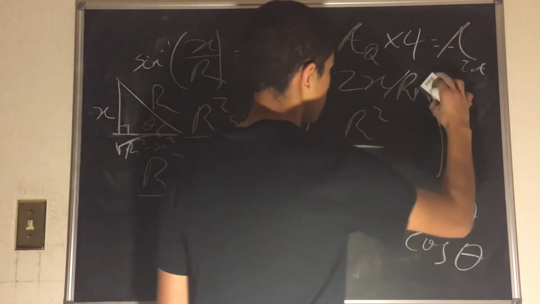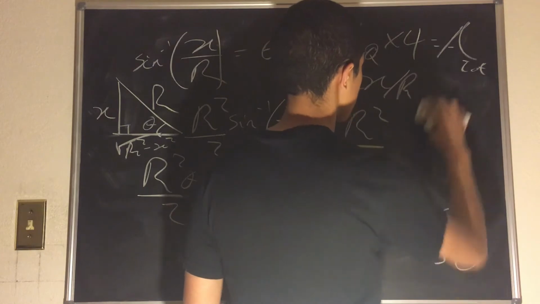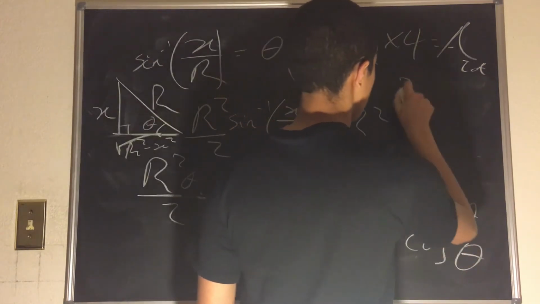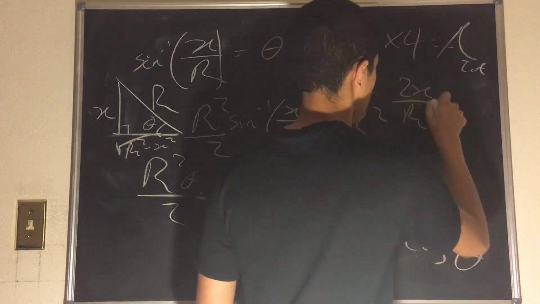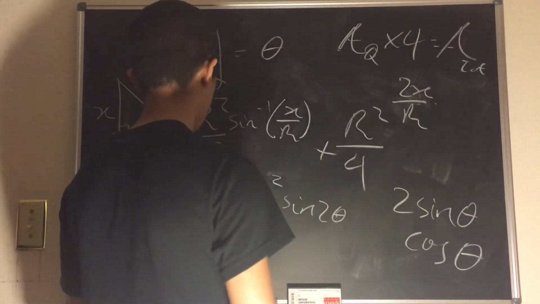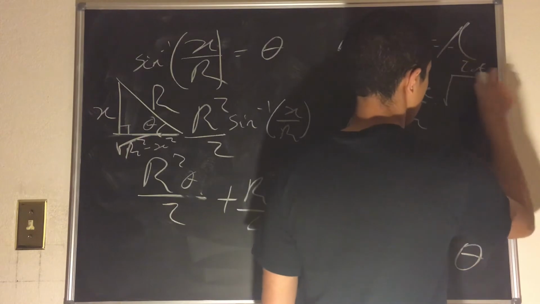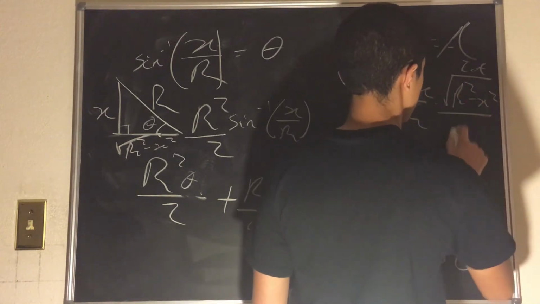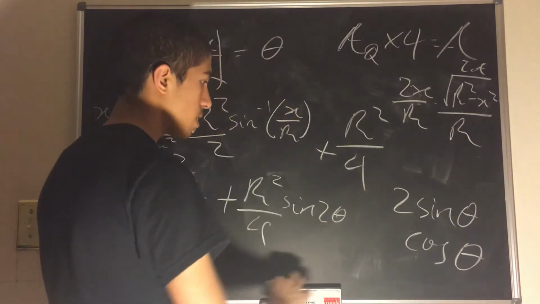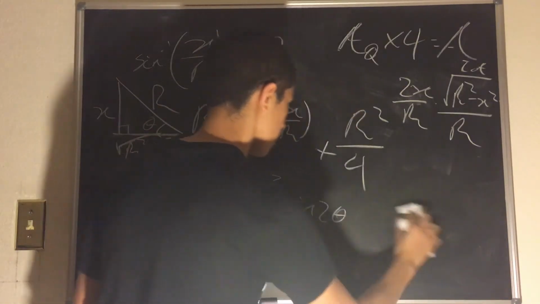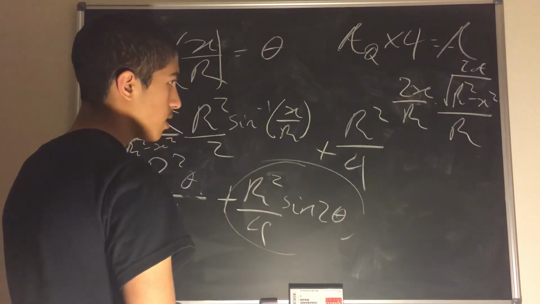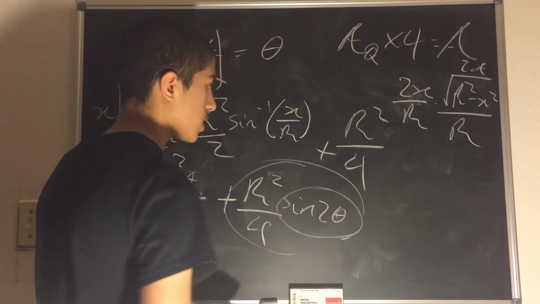So when we multiply everything together, we have 2x by r times root r squared minus x squared divided by r. This is only for sine 2 theta right now.